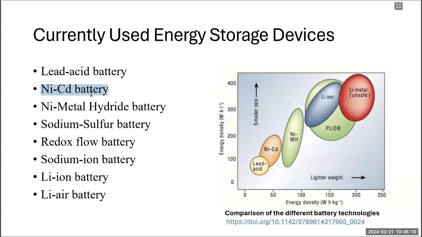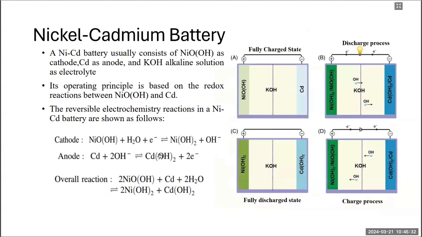Also, it is very common in rechargeable toys. Nickel metal hydride battery, sodium sulfur is a new technology, redox is a new technology. Sodium ion battery is also very new. Lithium air battery as well. I'll just give a brief introduction of 1 or 2 minutes on every different type of battery. Then maybe within a few minutes we'll go to the question and answer session.